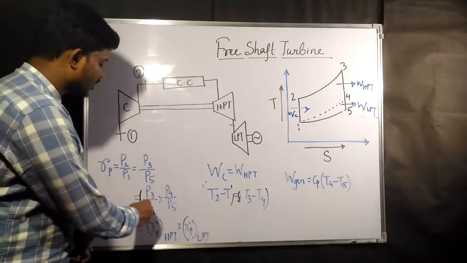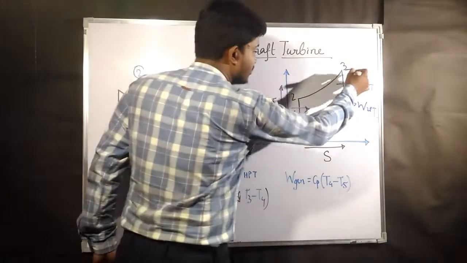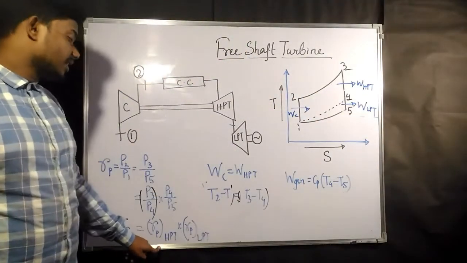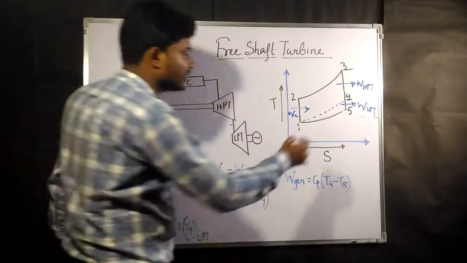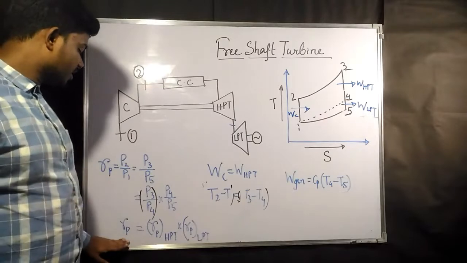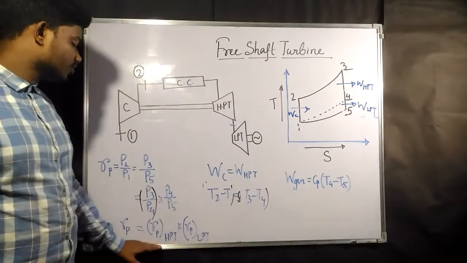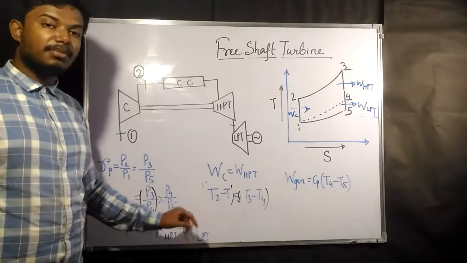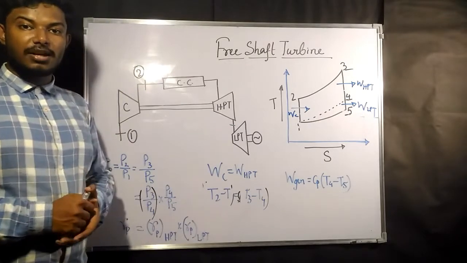P3 by P4 is the pressure ratio of the high pressure turbine, and P4 by P5 is the pressure ratio of the low pressure turbine. So the overall pressure ratio is the pressure ratio of the high pressure turbine multiplied by the pressure ratio of the low pressure turbine.